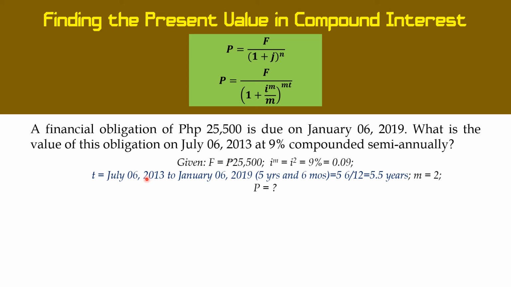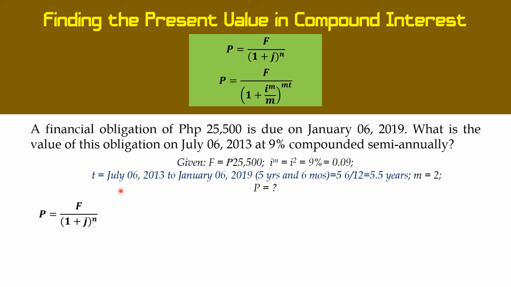That is 6 months. So, therefore, it is equal to 5 years and 6 months. So, that is the interval. So, 5 years and 6 months, that is 5 and 6 over 12, that is 5.5 years. And the number of conversion periods is 2 since it is compounded semi-annually. And the present value is unknown.